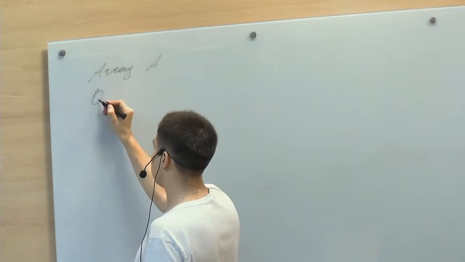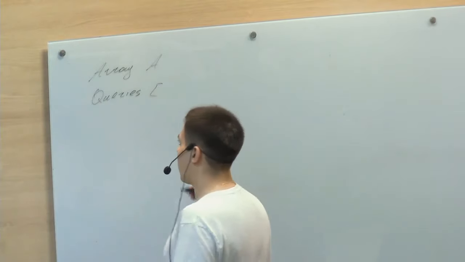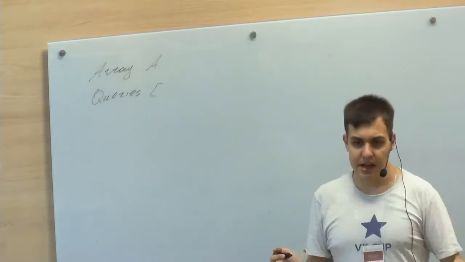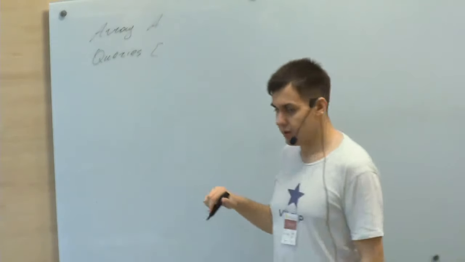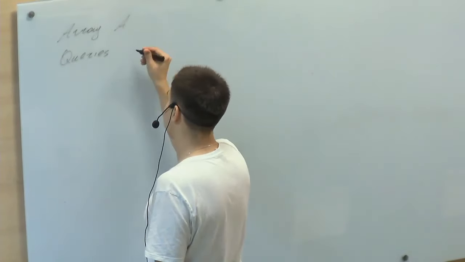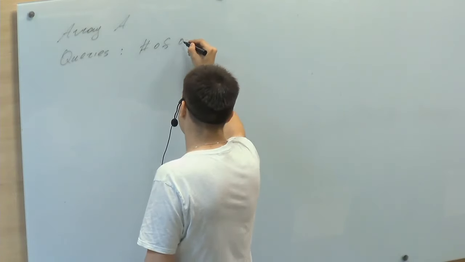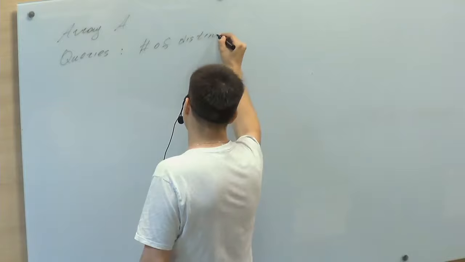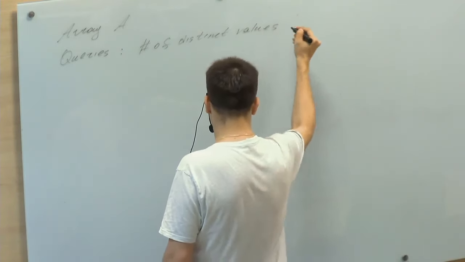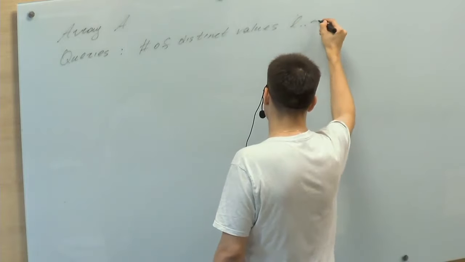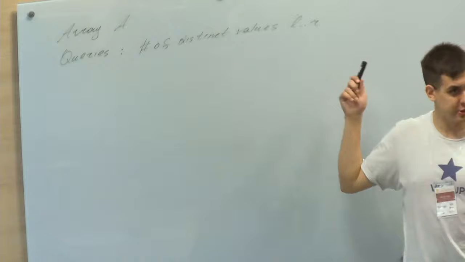The query is: what is the number of distinct values on the segment from L to R? Or maybe, I don't know, the largest unique value.